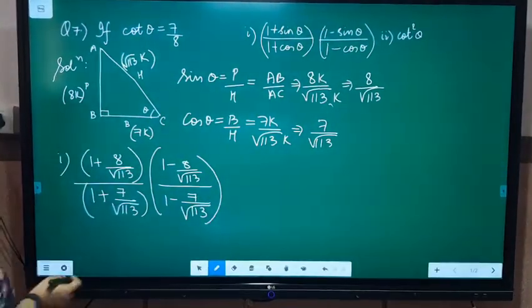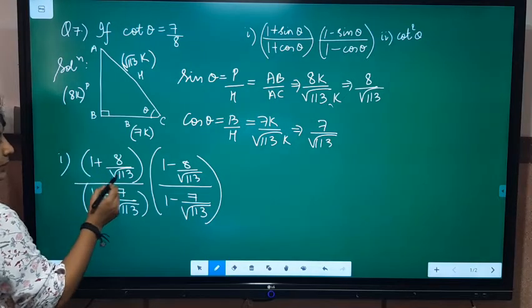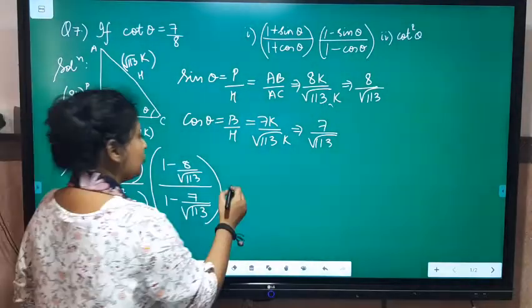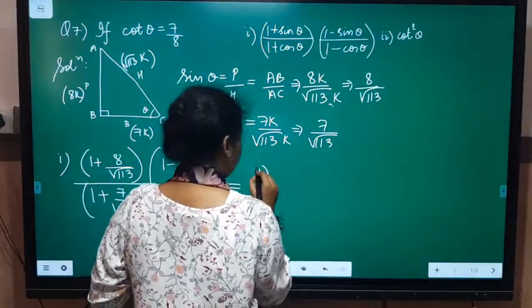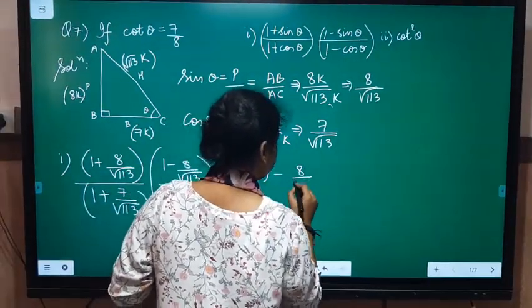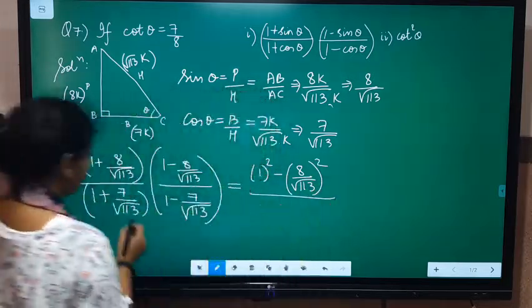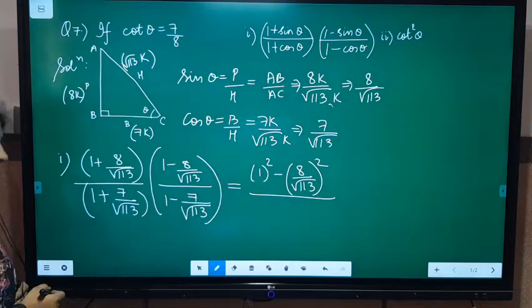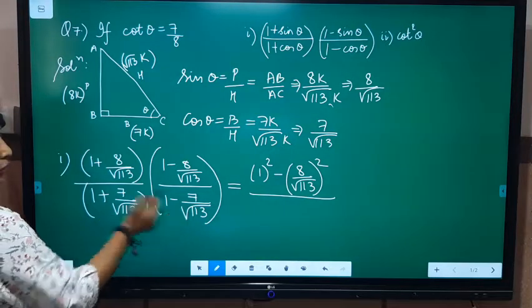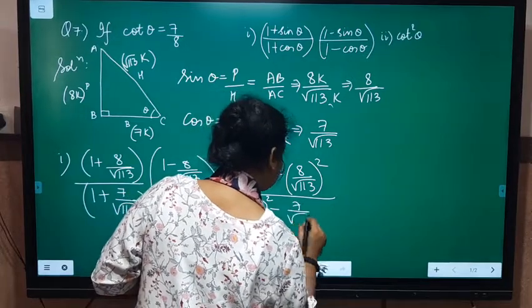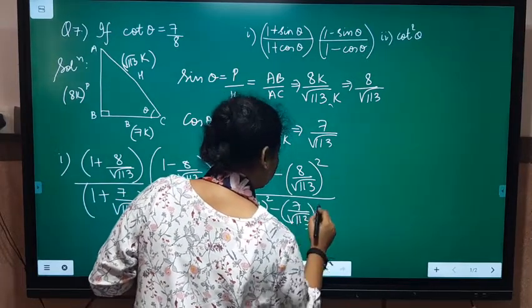Now, we know this is A plus B into A minus B. A plus B into A minus B is what? A square minus B square. In the denominator also we can apply the same identity. A plus B into A minus B is A square minus B square.